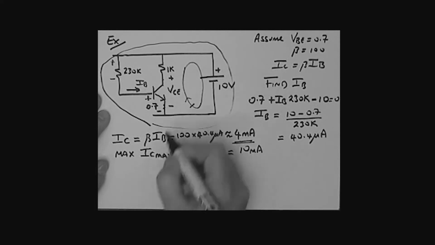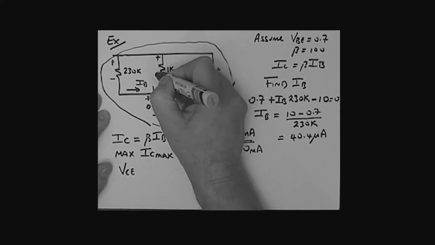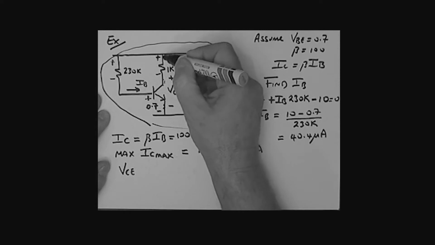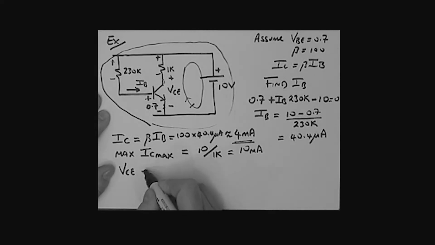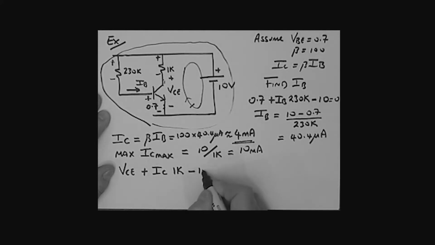If I start here and go up, what do I have? There is my VCE, plus, minus like so. IC flows down this way, this is IC in the 1K resistor, so I have a plus IC times 1K. And then coming around the loop, I have a minus 10, all equals 0.